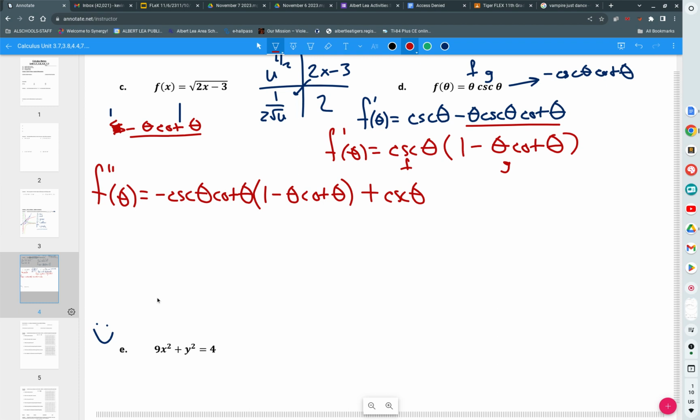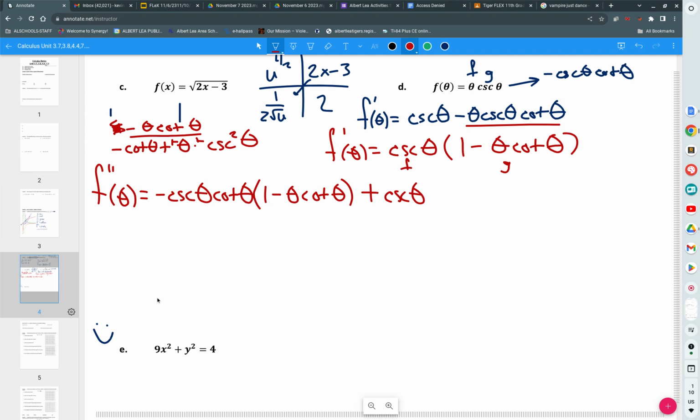Negative 1 times cotangent of theta. Plus a negative theta times what's the derivative of cotangent of theta? Negative cosecant squared of theta. So you can see that those two negatives will cancel.